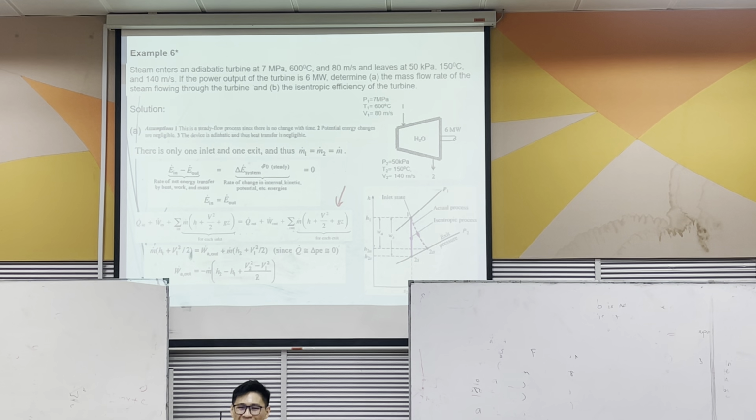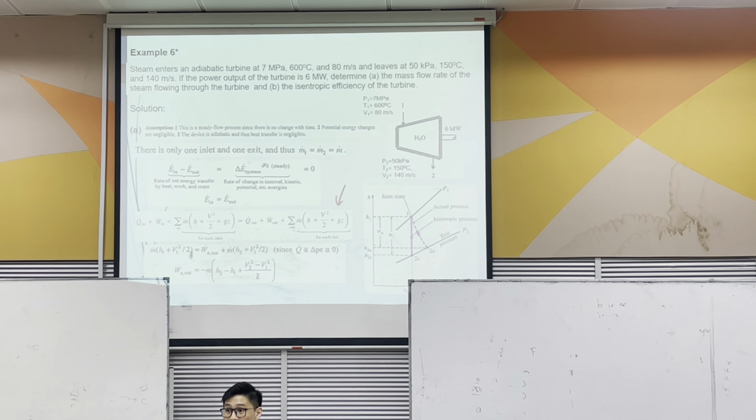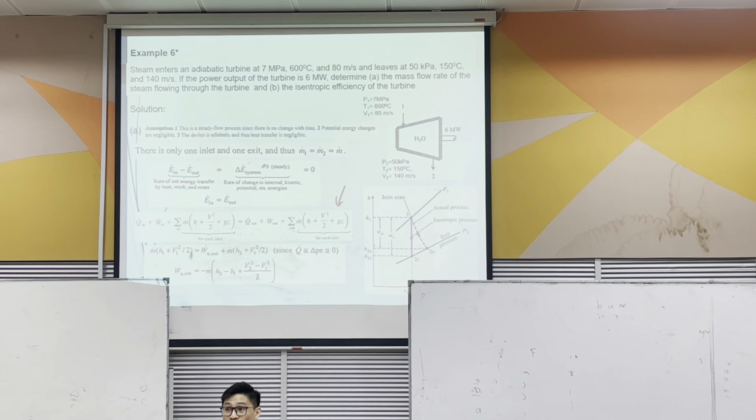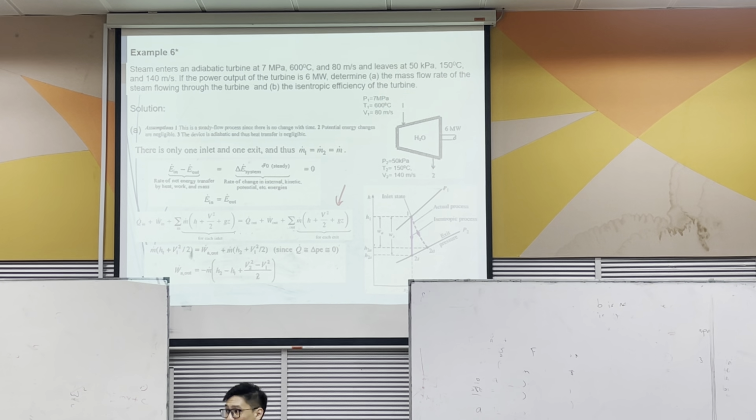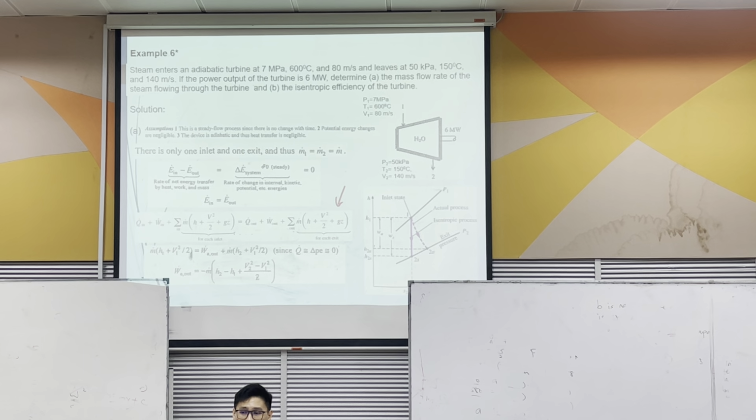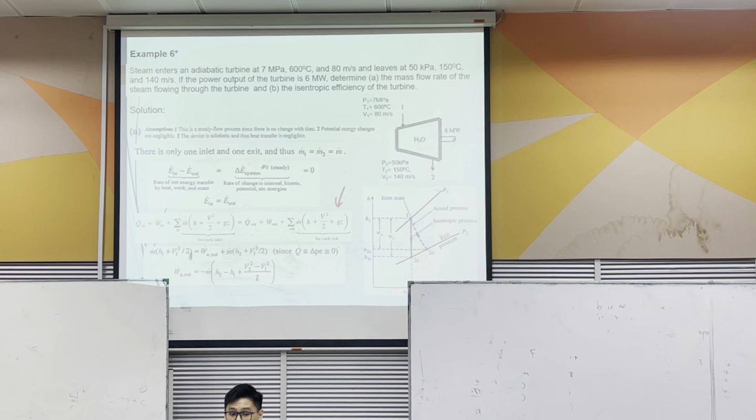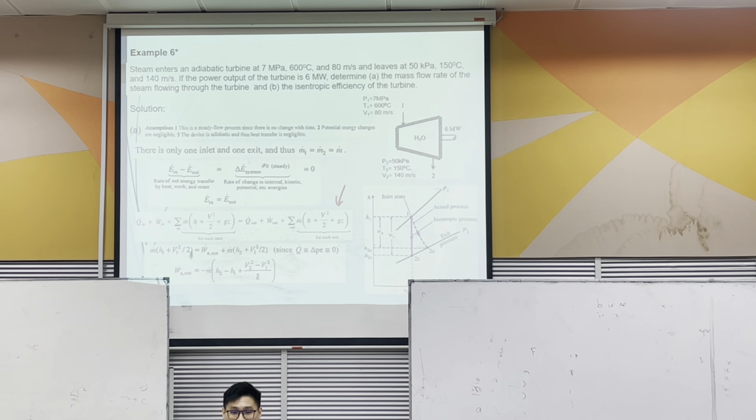Let me change a bit the way that I explain. When we use the isentropic efficiency, we take into account all the heat change. That means we don't need the actual value of Q in and Q out in order to find the difference between the actual work and the isentropic work. So when we solve this kind of question using the isentropic efficiency, we can assume that the heat is negligible first, because it is already taken into consideration.